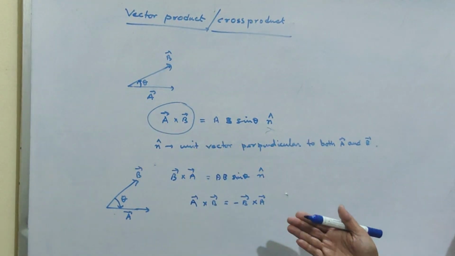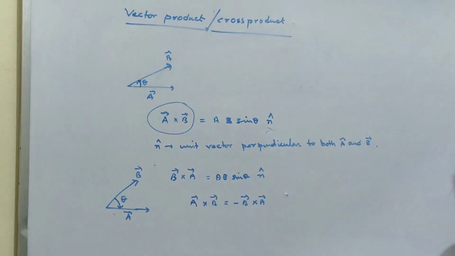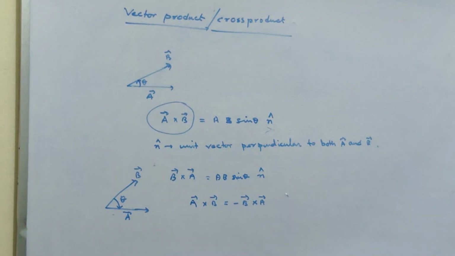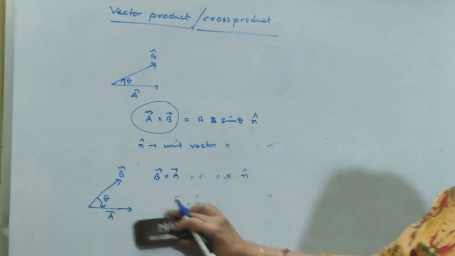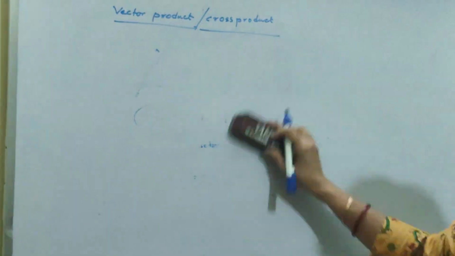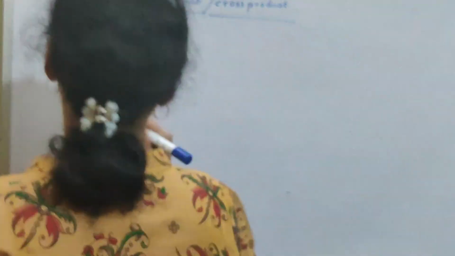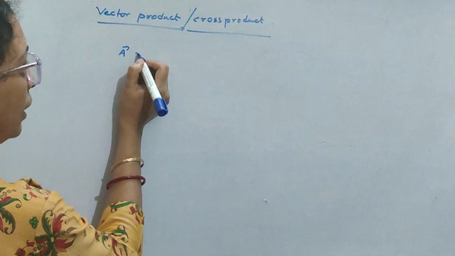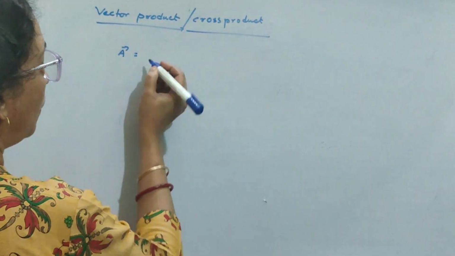Now if I find the vector cross product in terms of unit vectors, where A is equal to A_x i plus A_y j plus A_z k, then what happens? Is it easier or not? We must see. Now suppose you have a vector A in component form. This is called component form.